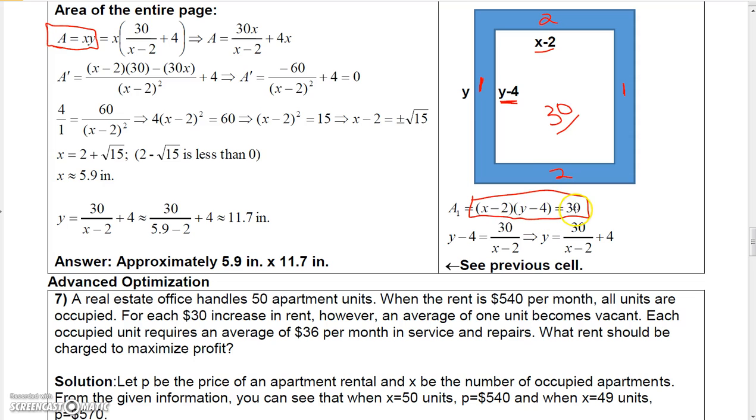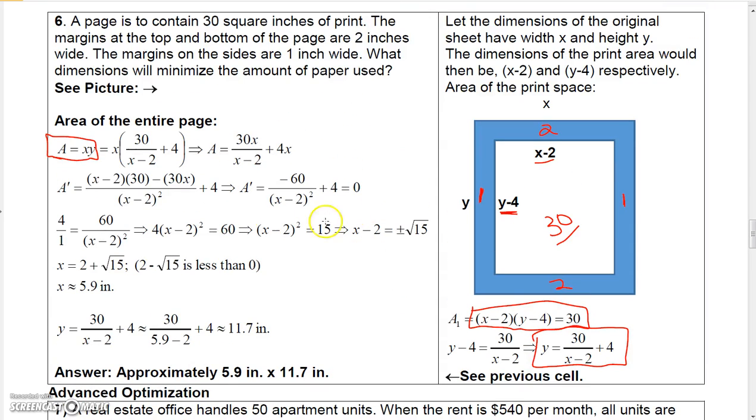If you divide by X minus 2, you get Y minus 4 equals 30 over X minus 2. Then if you add 4, you get Y equals 30 over X minus 2 plus 4. Now I can plug that back in for Y to eliminate the Y. So now I get X times the quantity 30 over X minus 2 plus 4, and so the area is 30x over X minus 2 plus 4x after I multiply.